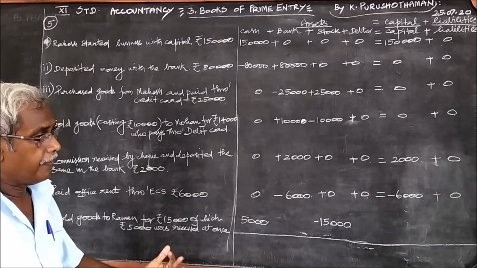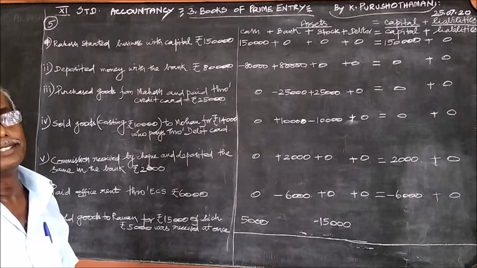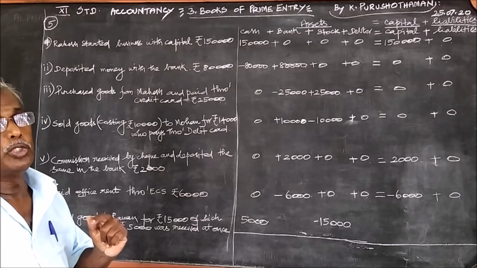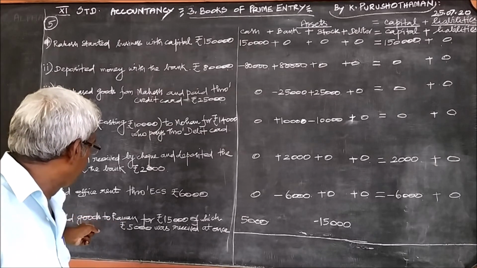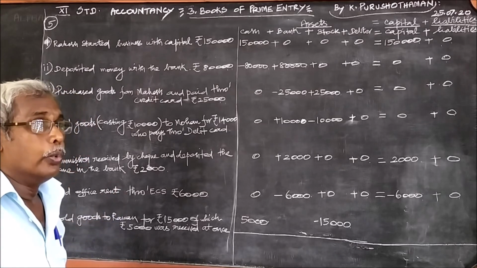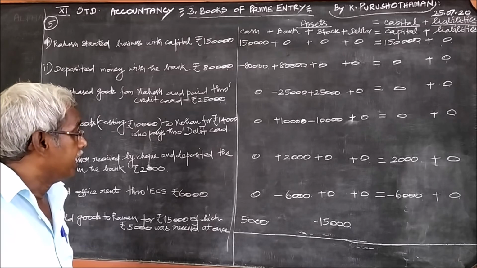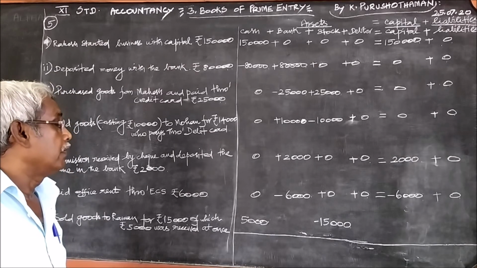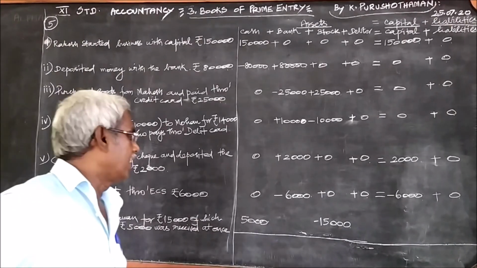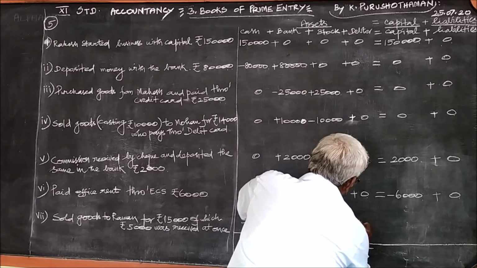For which 5,000 cash is received, therefore plus 5,000. And what about the balance 10,000? It will be in the name of Raman. Who is he? The one to whom it is sold. He has received from us, therefore he is a debtor. Debtor 10,000 rupees.